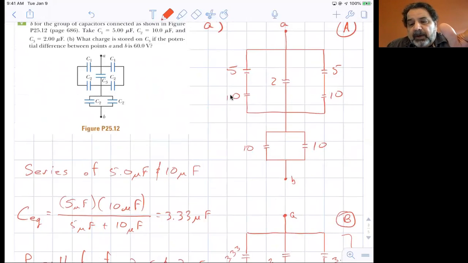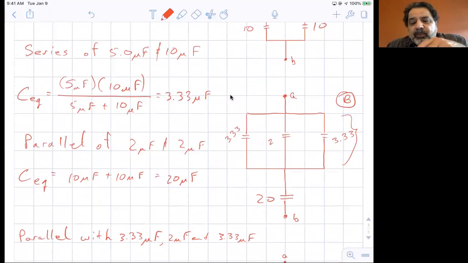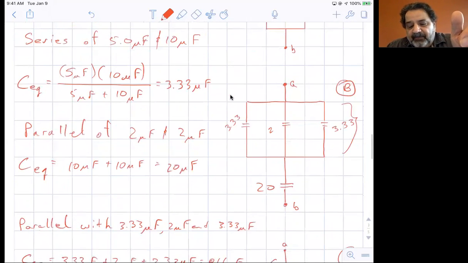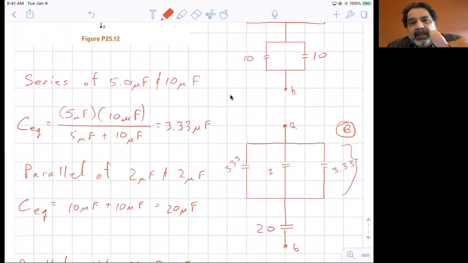In this parallel, we had 10 and 10, and we got 20. In this parallel, we had 3.3, 2, and 3.3, and that added up to 8.66 microfarads, which is certainly larger than 3.33, the largest value.